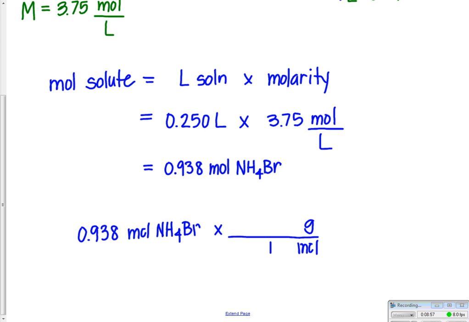You add up an N, 4 H's, and a Br, and you should get 97.95 grams per mole. So your final answer with 3 significant digits should be 91.9 grams of NH4Br. We can practice more of these problems tomorrow in class.